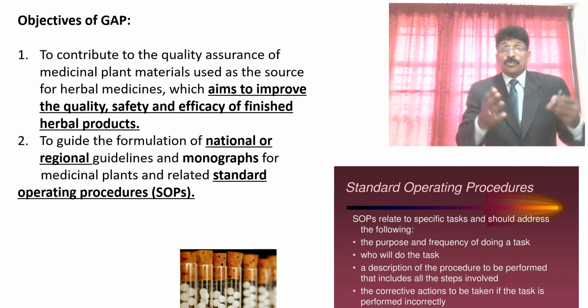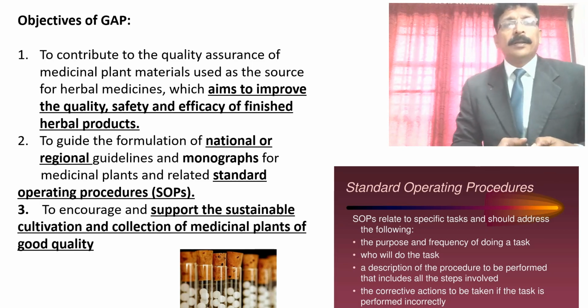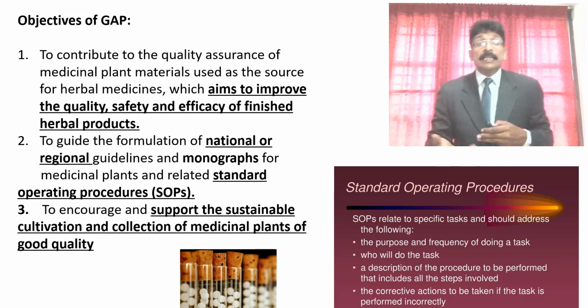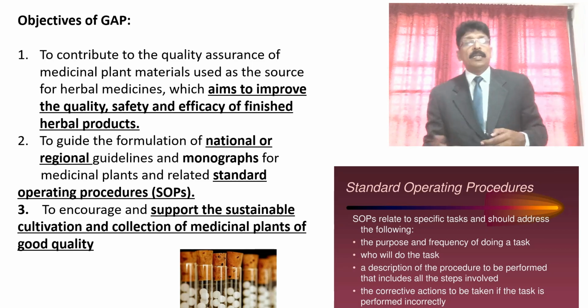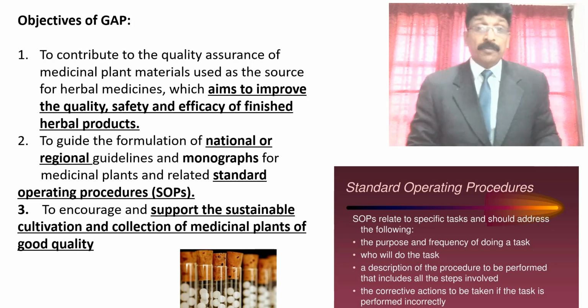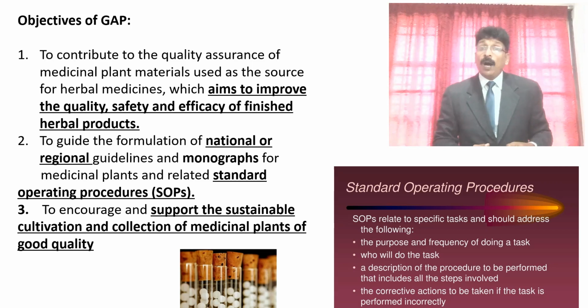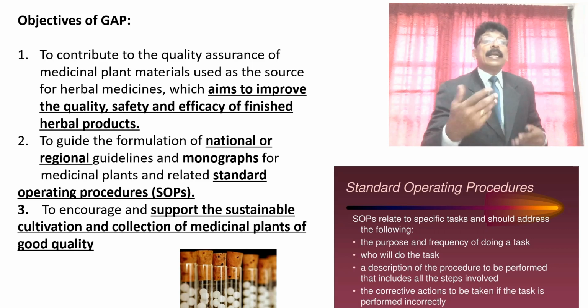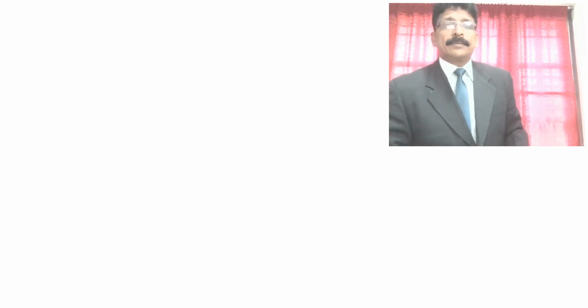So the solution should be given there. The next objective of good agricultural practice is to encourage and support the sustainable cultivation and collection of medicinal plants of good quality.